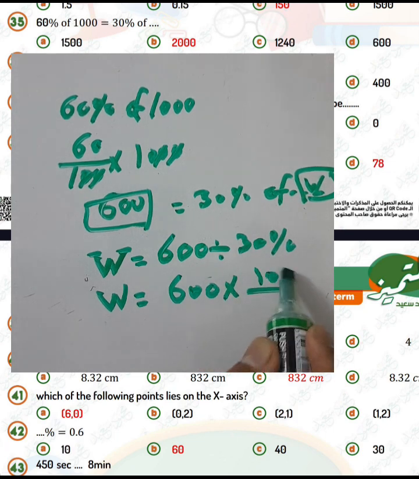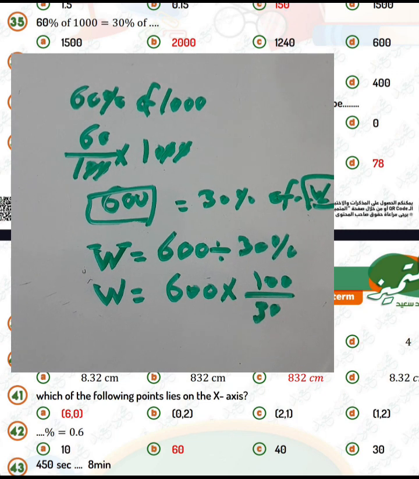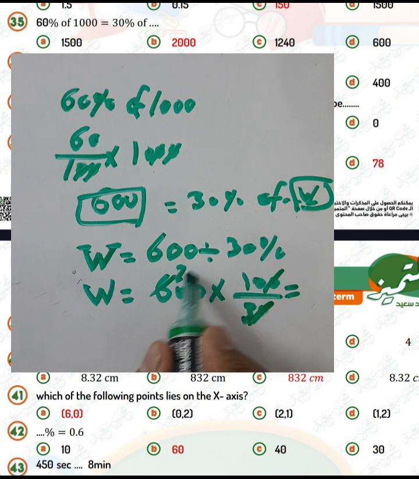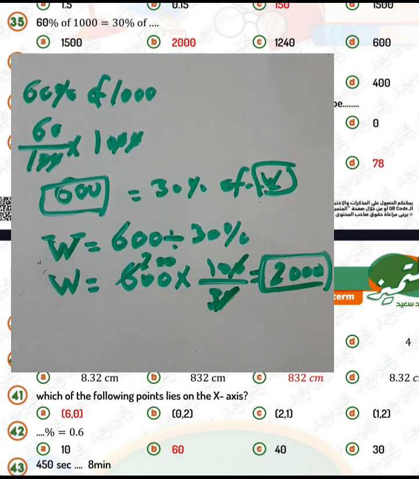The reciprocal is 100 over 30. And then you can simplify this fraction by canceling 0 by 0, and 6 divided by 3 equals 2, 200 times 10. The result will be 2000.